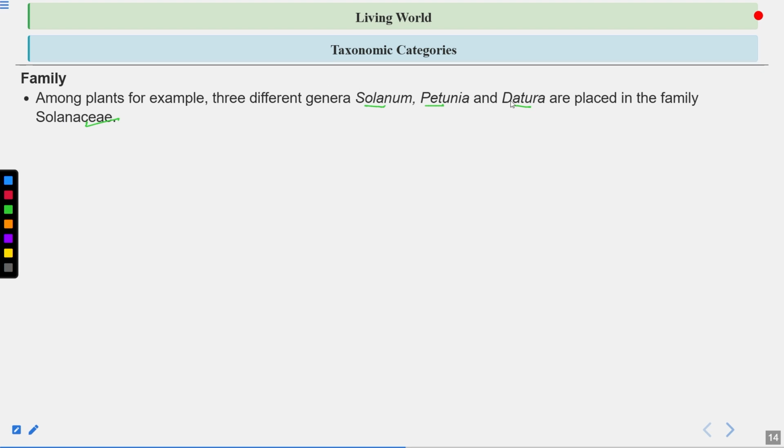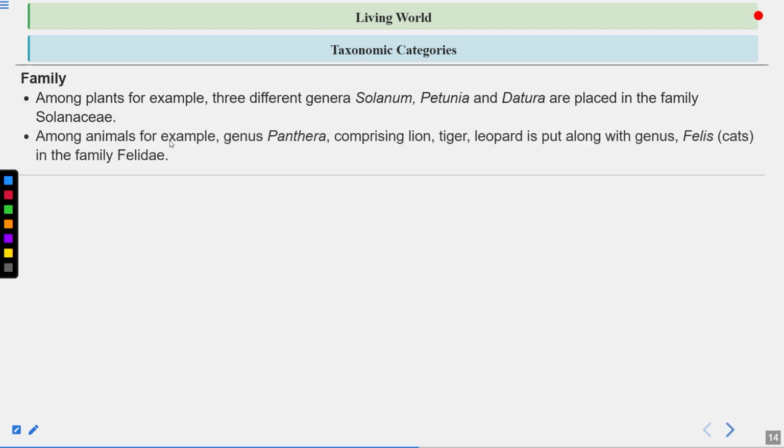Families are aggregates of genera. Among animals, for example, the genus Panthera, comprising lion, tiger, leopard, is put along with the genus Felis in the family Felidae. So Felidae is a family, and it includes the genus Panthera as well as the genus Felis. Panthera comprises the lion, tiger, and leopard, and Felis comprises the cats.